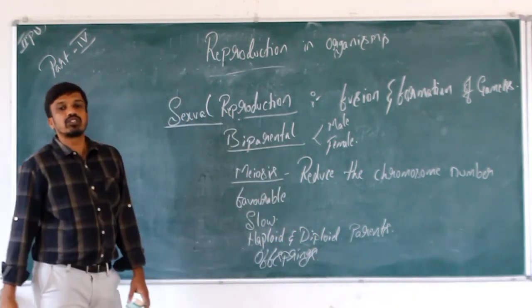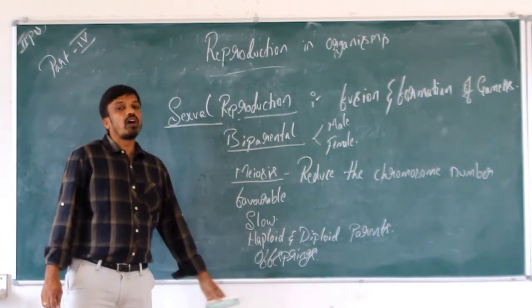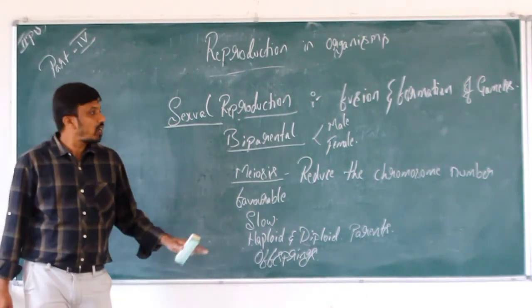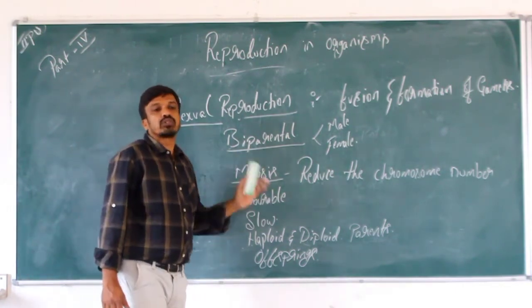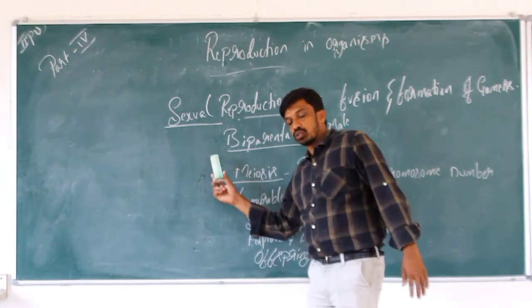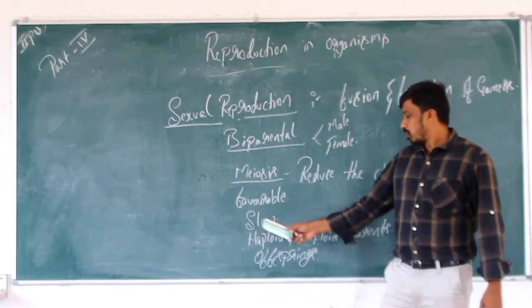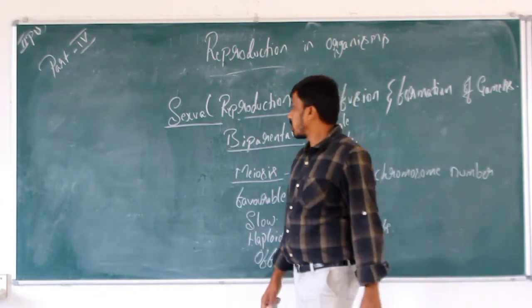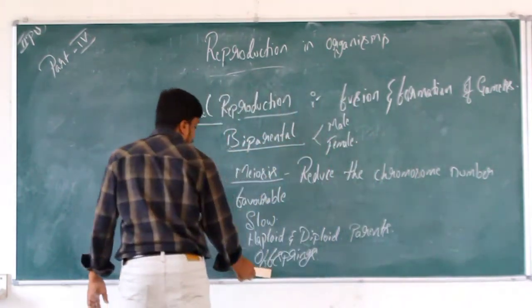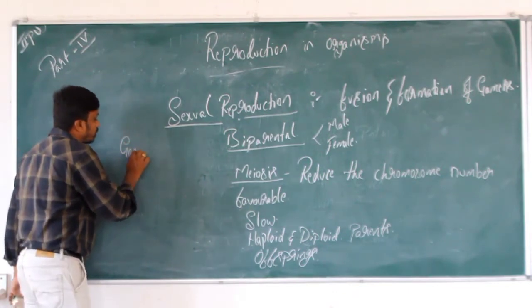Last class we discussed asexual reproduction; there the young ones are called clones, but here we call them offsprings. These offsprings are genetically similar.